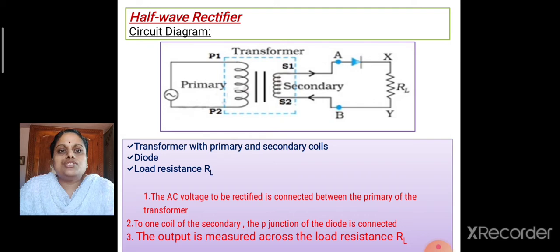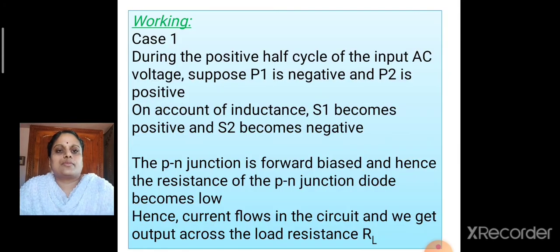When P1 and P2 are positive and negative, then S1 and S2 become positive and negative respectively. The PN junction is now forward biased and hence the resistance of the junction diode becomes low. Hence, current flows in the circuit and we get an output across the load resistance RL.